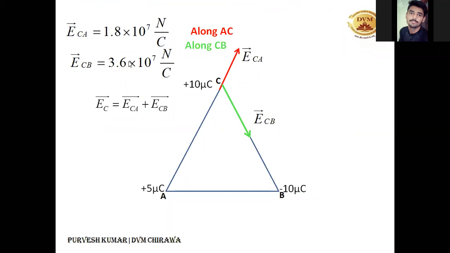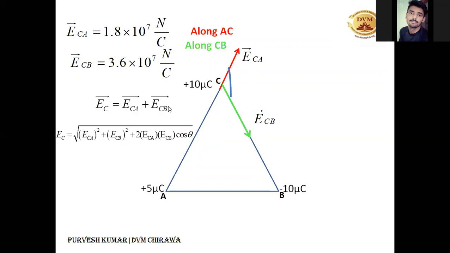ECB is 3.6 into 10 to the power 7 Newton per coulomb along CB. The angle between these two is 120 degrees. So the resultant electric field at C, EC, is ECA plus ECB.